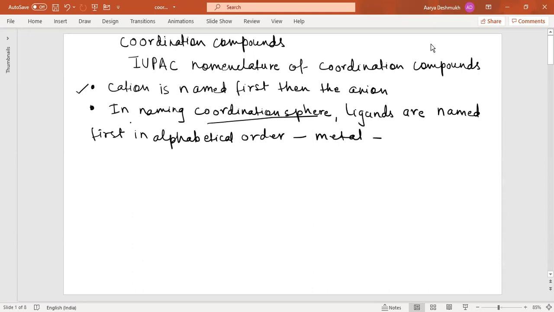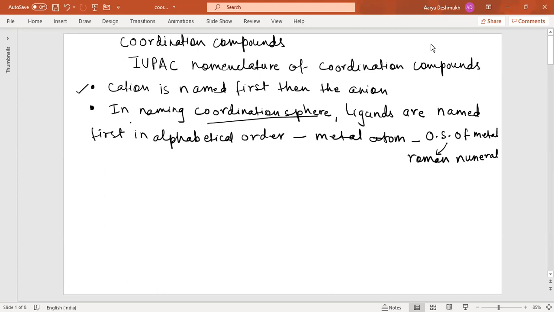After the metal atom, we write the oxidation state of the metal. It should be represented by a Roman numeral, written in parentheses, meaning in brackets.